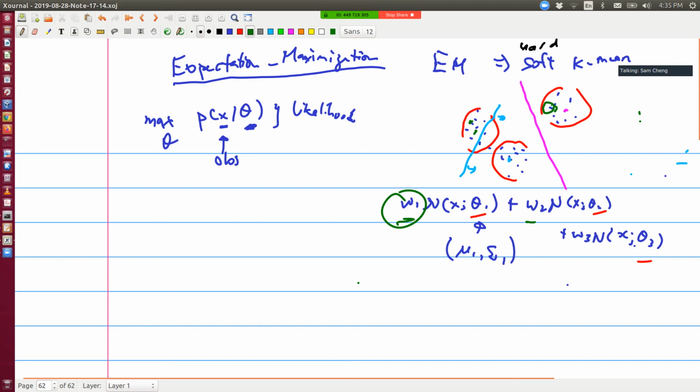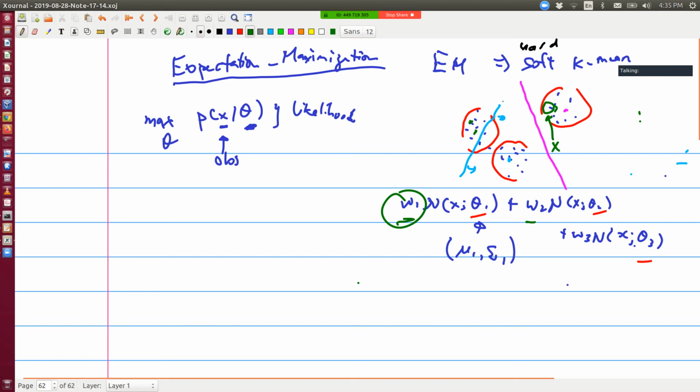Let's compare the likelihood. The likelihood of this point from the mean here, I can call this point exactly x here.